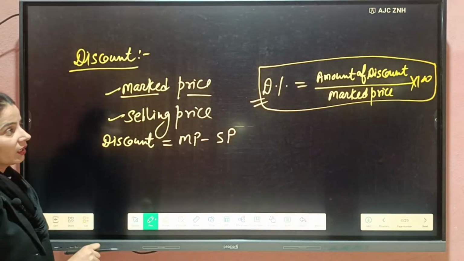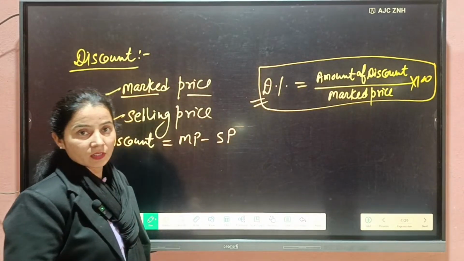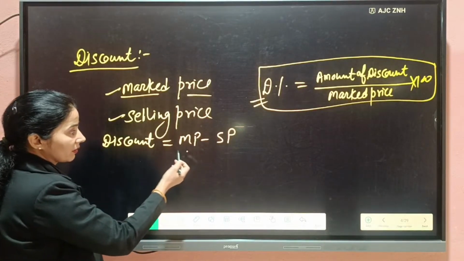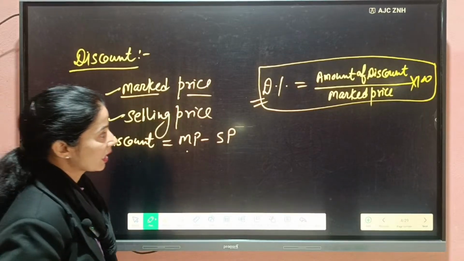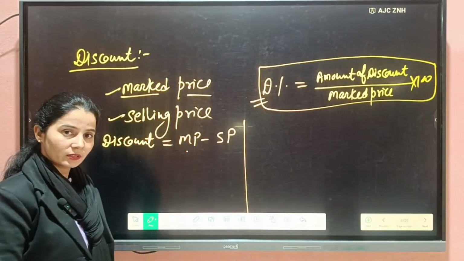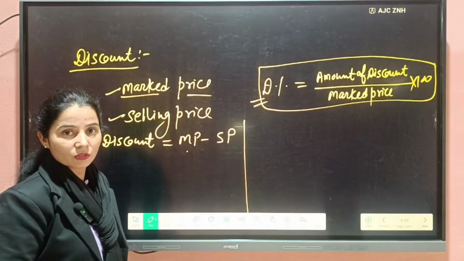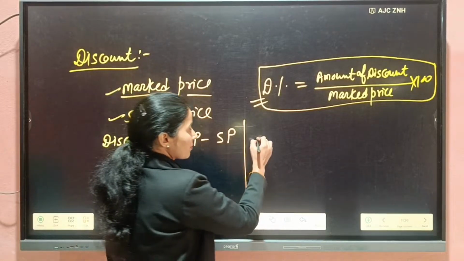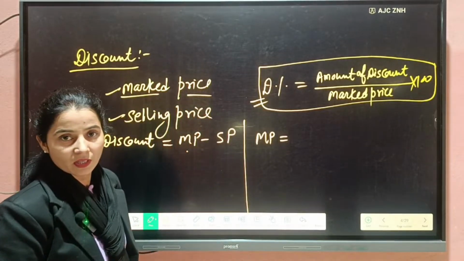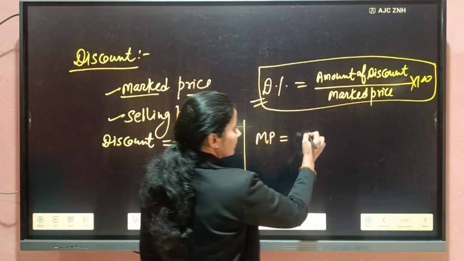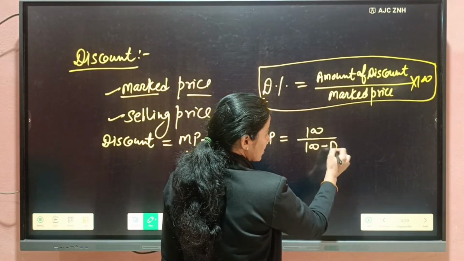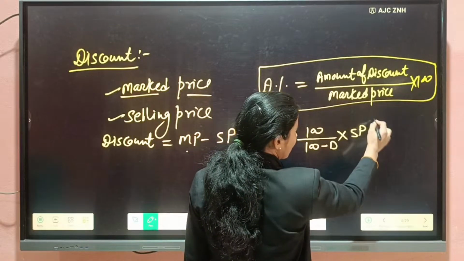Now suppose the discount percentage is given to us, and sometimes marked price and sometimes selling price is given, then how can we compute? This is not a formula; after analyzing the situation, we reached this result. What is marked price when selling price and discount are given? It will be 100 upon 100 minus discount into selling price.